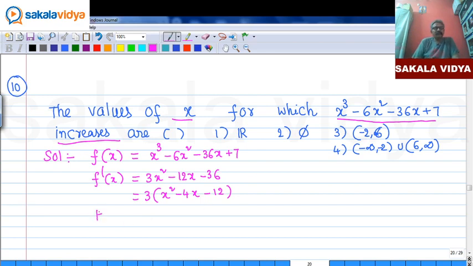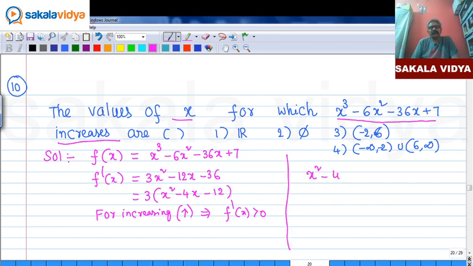So, for increasing, f dash x is greater than 0. That means x square minus 4x minus 12 must be greater than 0.